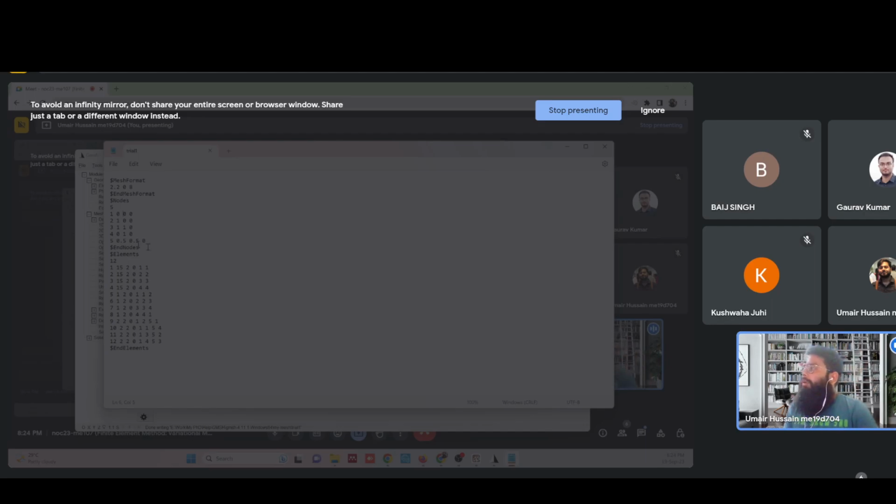After node data, you have the element data. This element data is your actual element connectivity matrix. Initially there's some line element data, but wherever you have this 2 here, this starts your actual triangular elements.